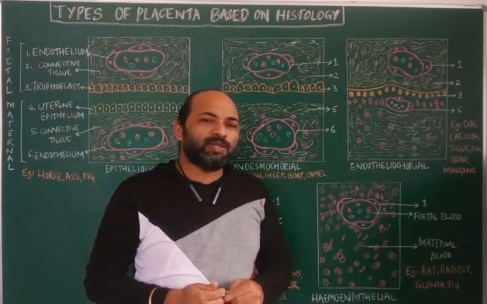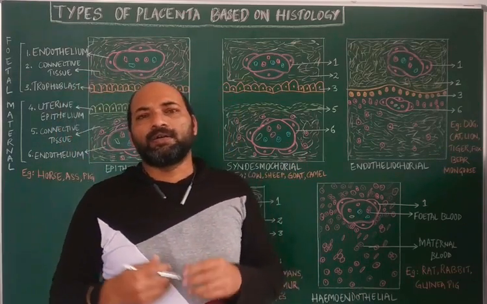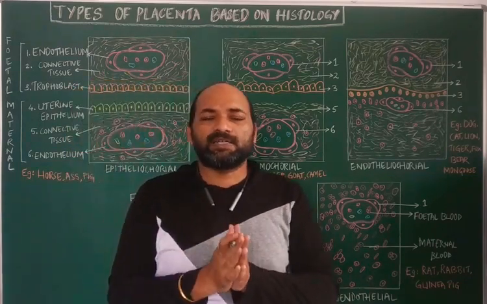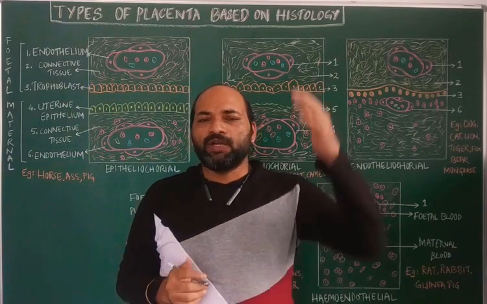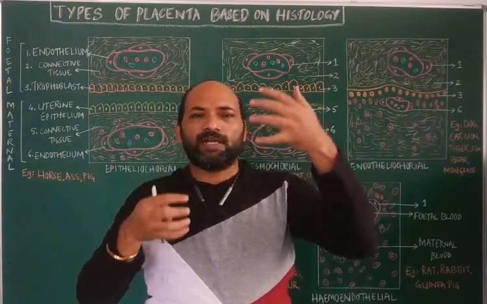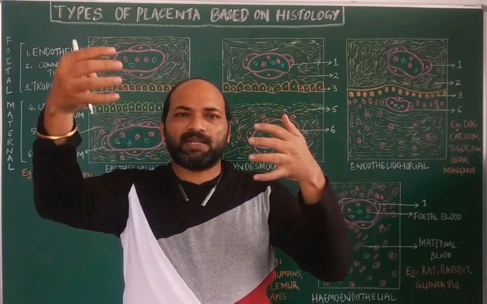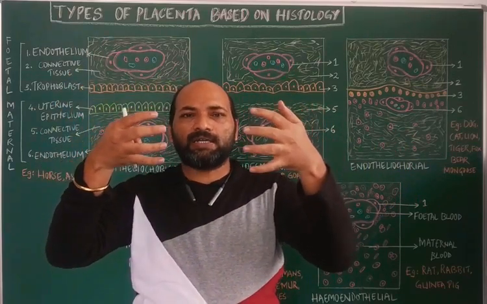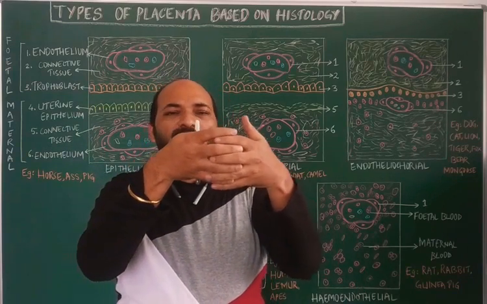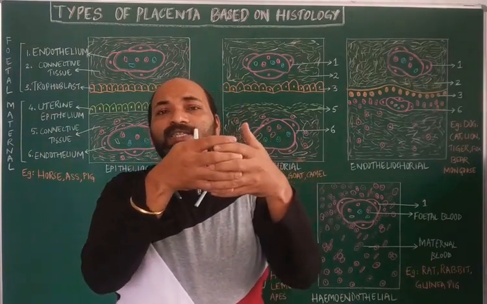So how is this placenta an association between the maternal part as well as the fetal part? As I have told you already, it consists of both the maternal as well as the fetal arteries and veins, which are present in an intricate manner, in the form of interdigitations.